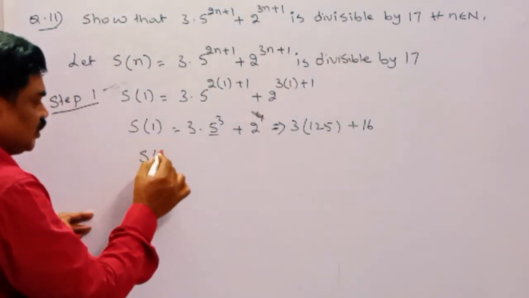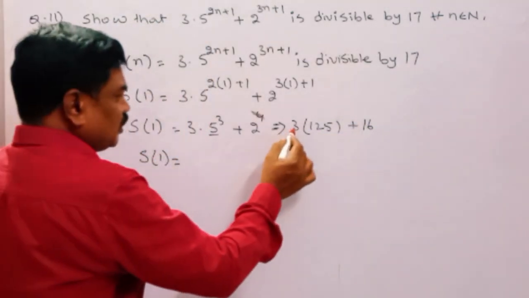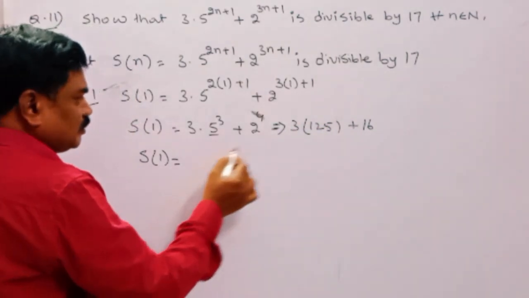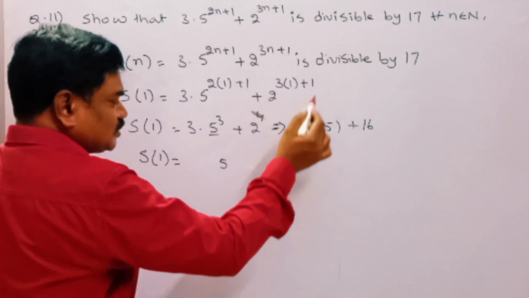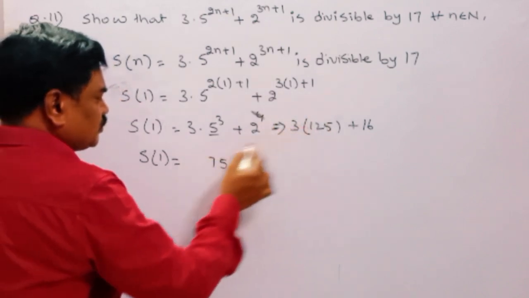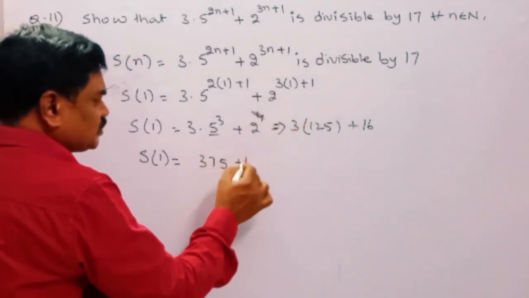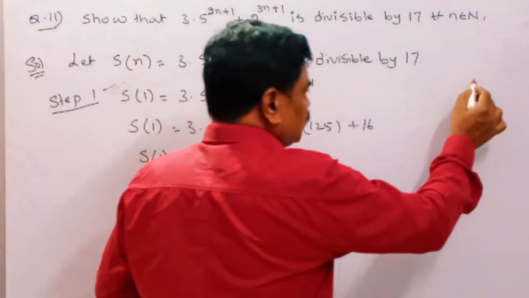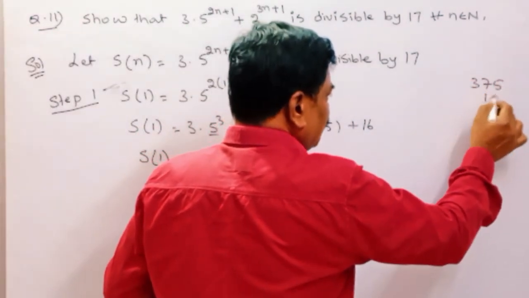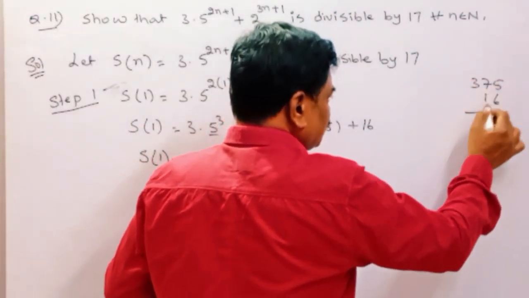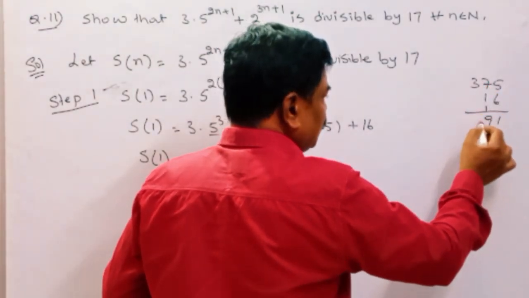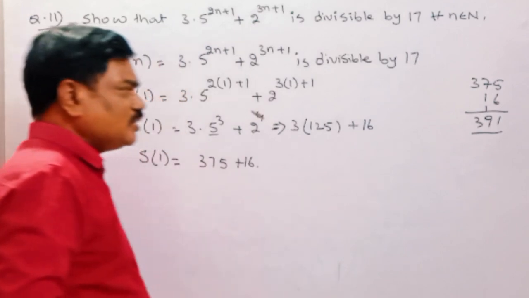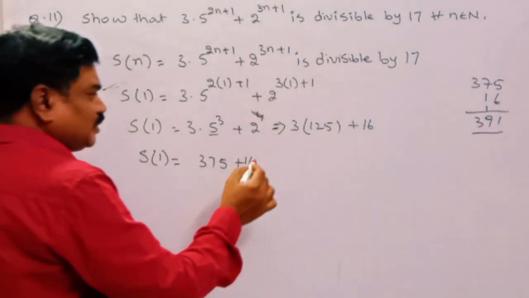S of 1 equals 3 times 125, which is 375, plus 16. So 375 plus 16 is 391.